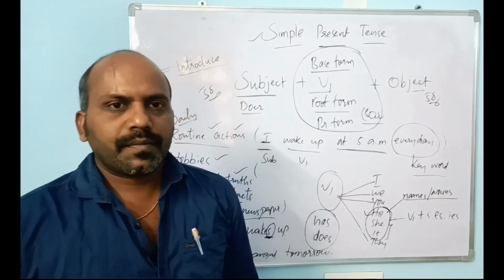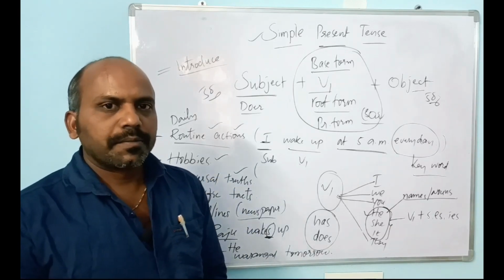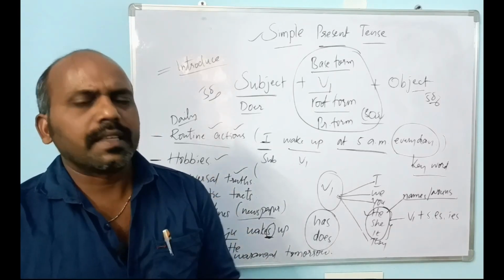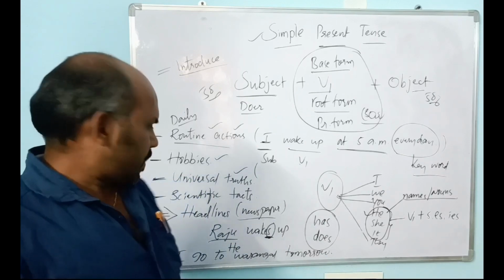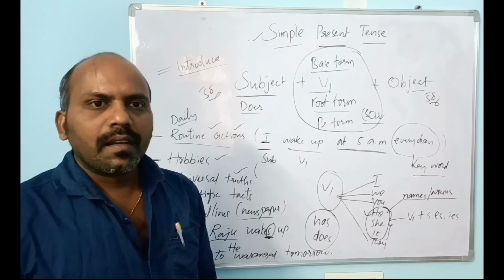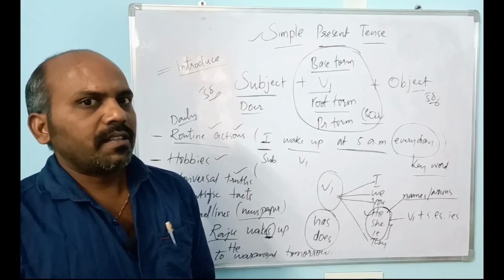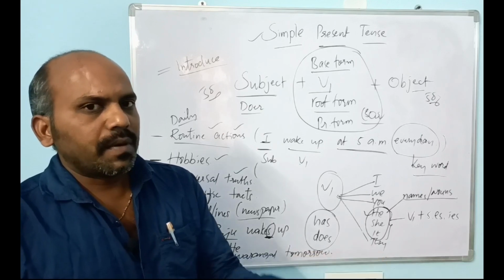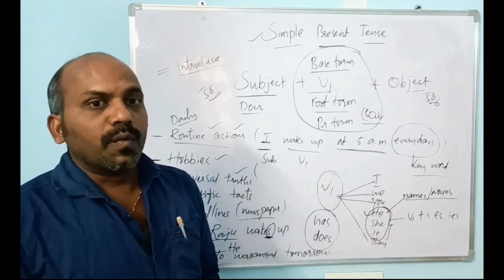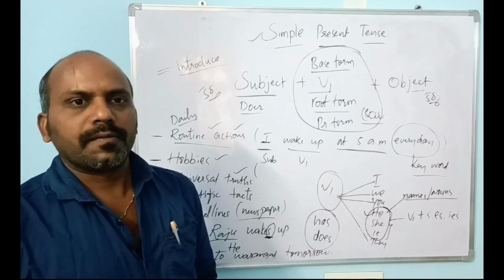Normally tomorrow's actions are expressed in future tense. But there is a little condition: if I say I'll go to Warangal tomorrow, it means it is not decided. Maybe if there is any possibility, I'll go. Will and shall give us possibilities, but not certainty.